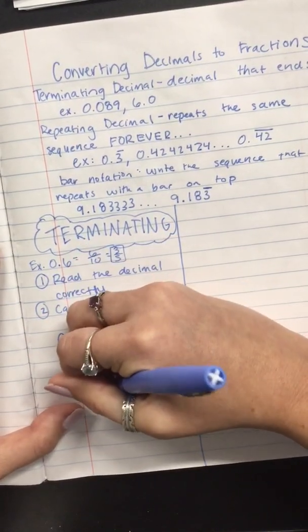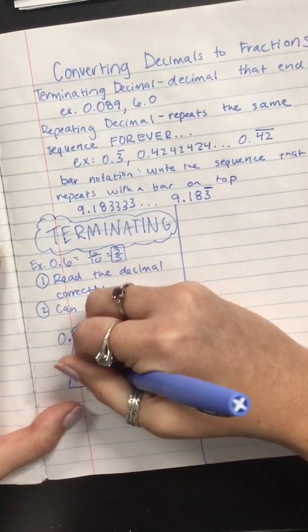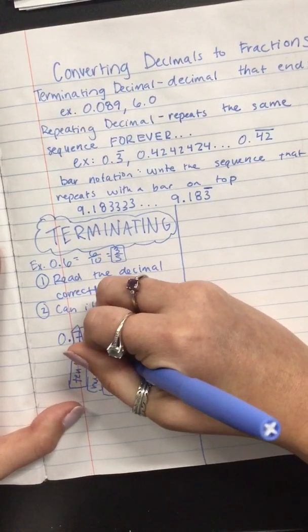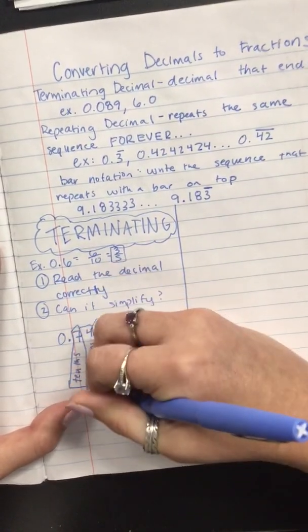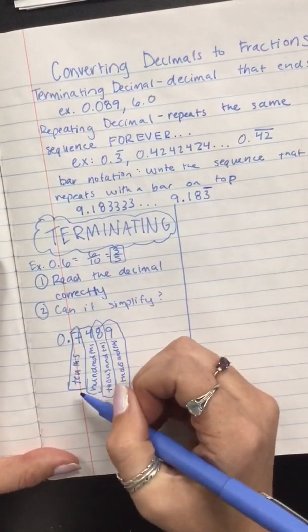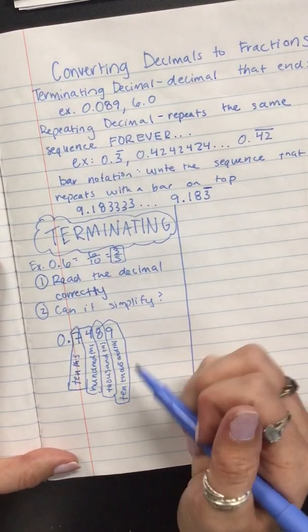The 8 is thousandths. And then the last one would be 10 thousandths. So again, one number after is tenths, 2 numbers after is hundredths, 3 is thousandths, 4 is 10,000ths.